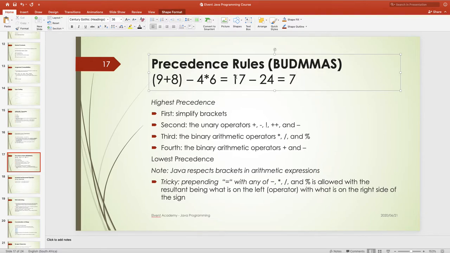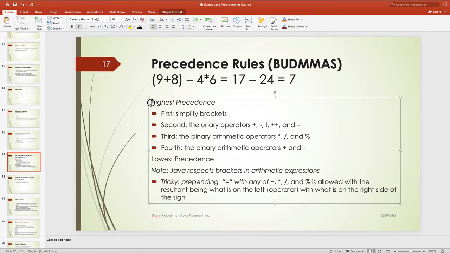So the precedence rule here was solve what is in bracket first, followed by the multiplication, then lastly do subtraction. So this is it broken down for you. First, simplify brackets. Second, simplify unary operators plus negative, like I showed you in the example of unary and binary operators.